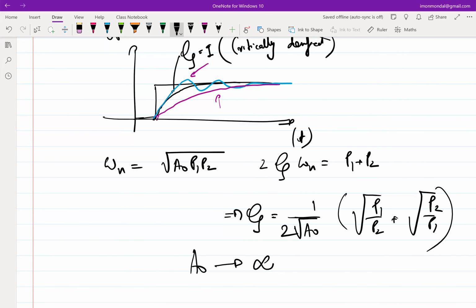Or A0 is much greater than 1, instead of tends to infinity. If A0 is much greater than 1, what should happen to P1 and P2, that is the open loop P1 and P2, to ensure that your zeta is close to 1? Can you comment on the relative locations of P1, P2?